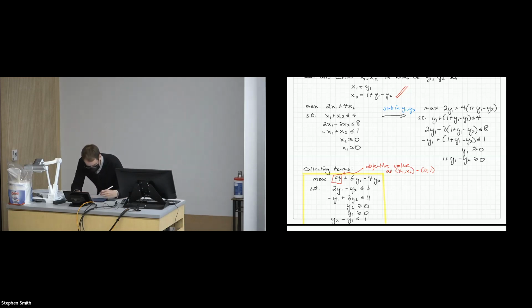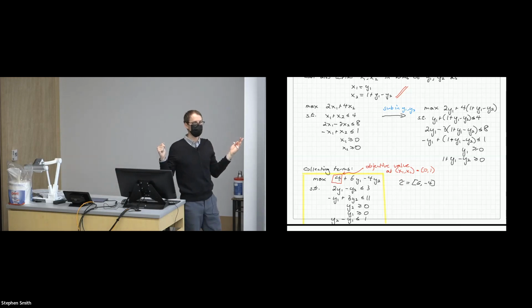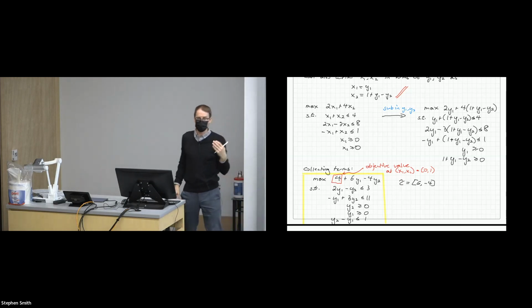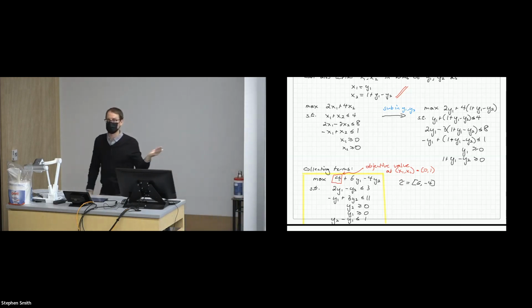And so, in my notation, I had that C tilde is going to be 6, minus 4. So now you say, am I optimal at this vertex? No, because one of the coefficients in that C tilde is positive. That means I can increase the corresponding variable, y1, in order to improve the objective value further. So we see that C tilde 1 is greater than 0.